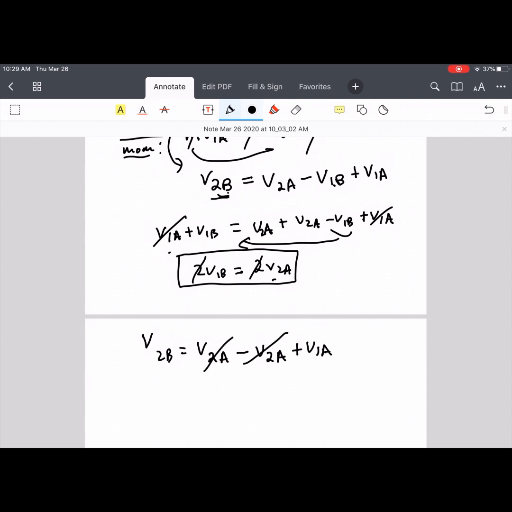Again, the v2a's cancel. I get that v2b is equal to v1a, and v1b is equal to v2a. So in other words, what's happening here is the carts will interchange their velocities. Whatever was the initial velocity on cart B becomes the final velocity on cart A, and whatever was the initial velocity on cart A becomes the final velocity on cart B.